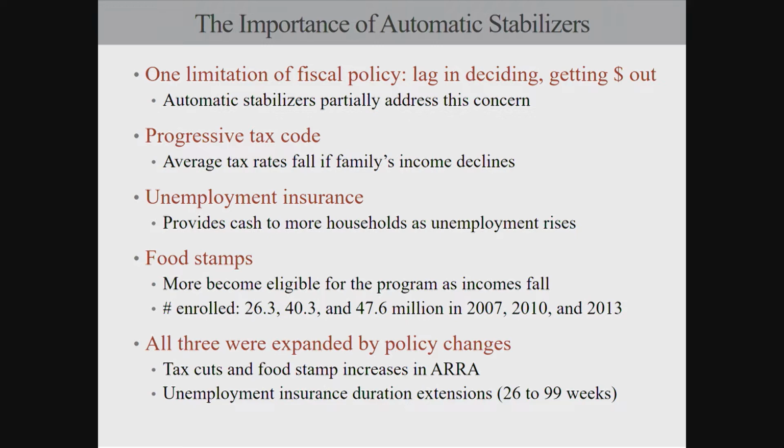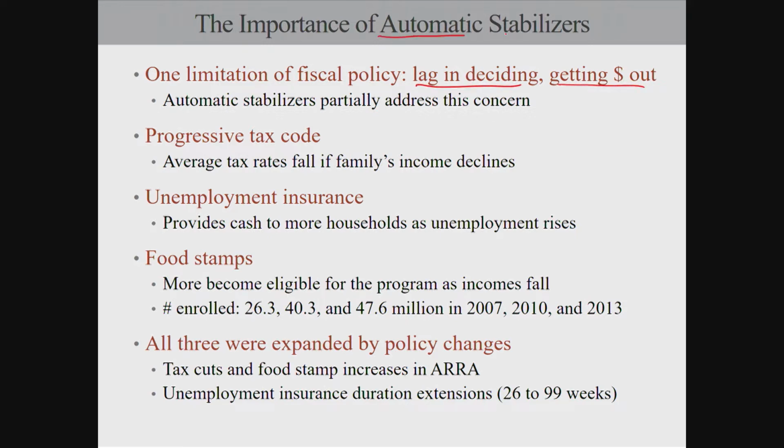I talked a little bit about a tax rebate back in 2008 that was distributed to taxpayers, and they actually did it over a 10-week period. They staggered when people received the tax rebates based on the last digit of their Social Security number. That was considered to be relatively quick, but it took some time to make those decisions and to get the money out.